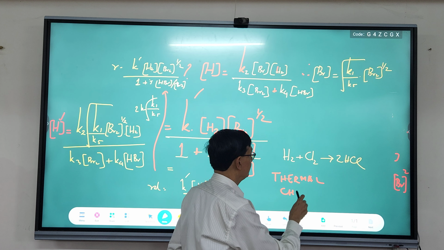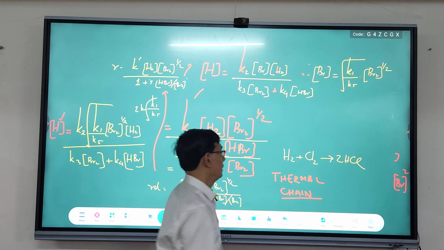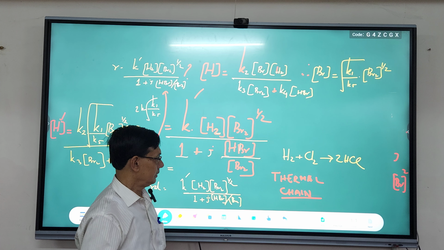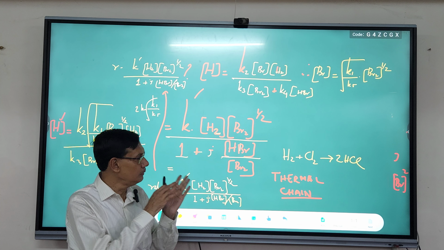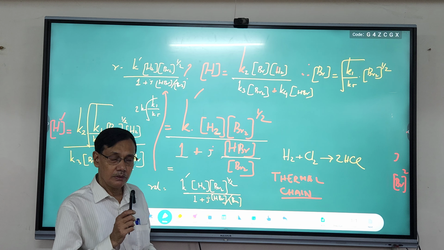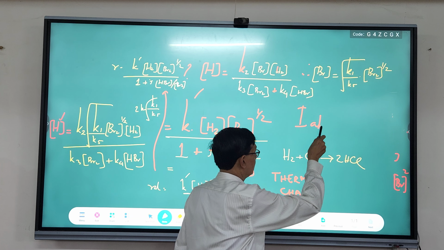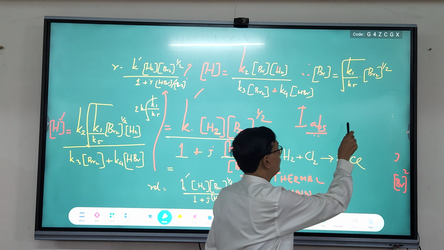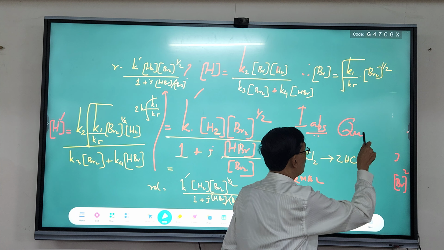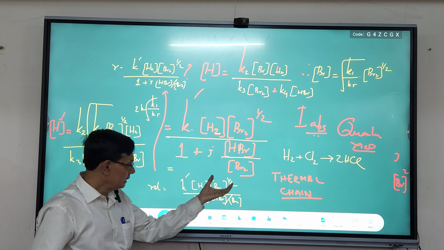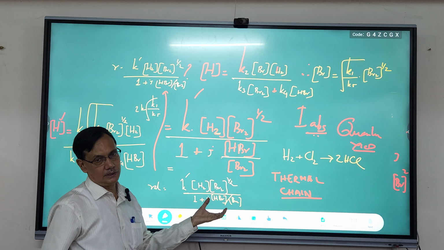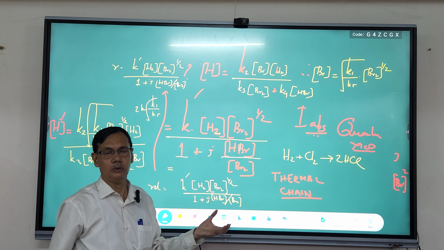The derivation of a photochemical chain reaction is also very similar, but in a photochemical chain reaction we have to consider the intensity of the absorbed light and also calculate the quantum yield. In the next class I will discuss the photochemical chain reaction, but this is the thermal chain reaction of the H2 plus Br2 reaction. Thank you very much.